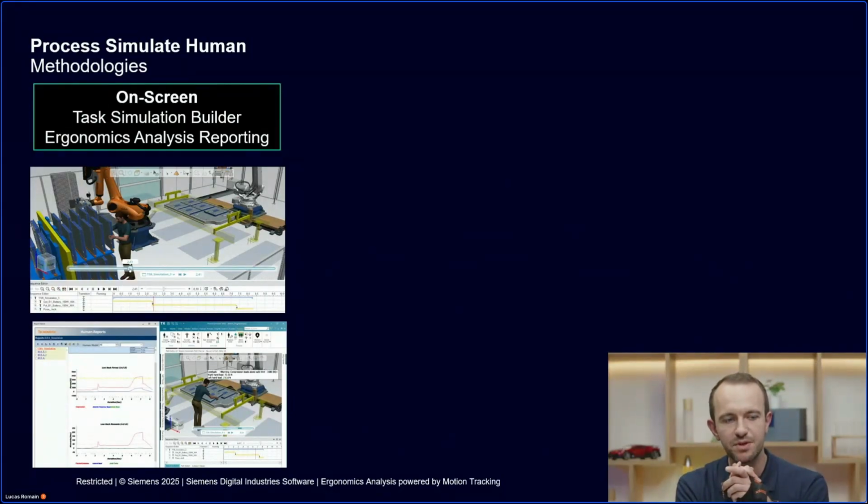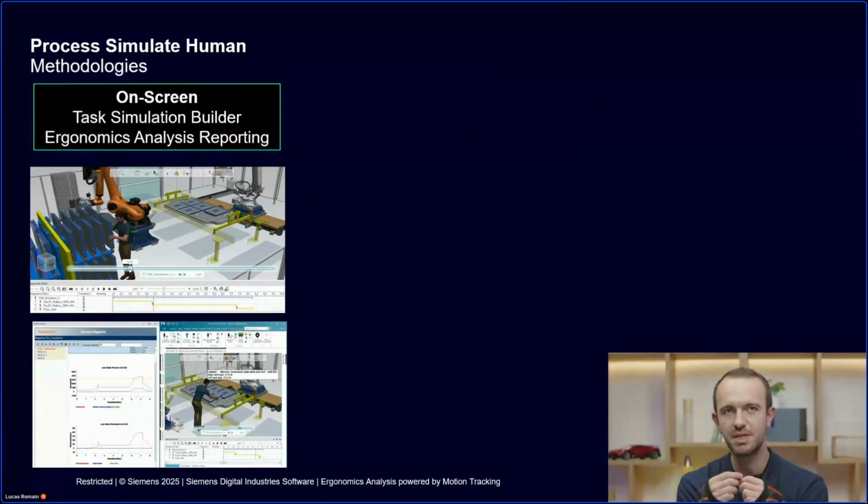The first methodology is to work with your mouse and keyboard. The idea is that you will be able to create some posture for the operator using different algorithms and specific workflows that we have designed in the software in order to create the different tasks that an operator should perform.